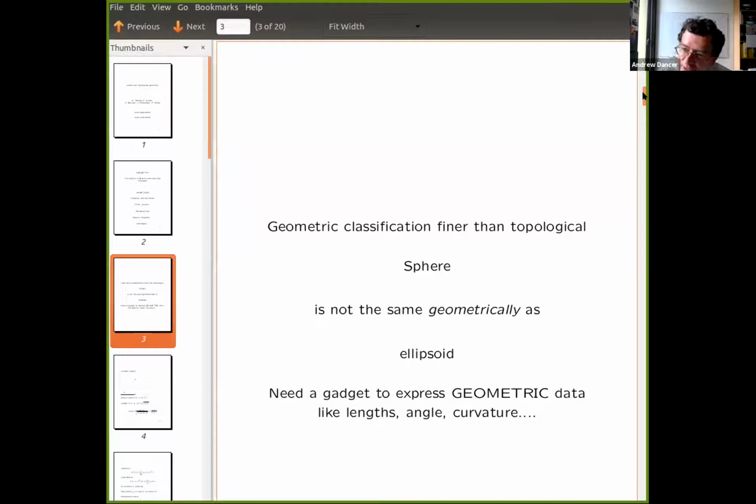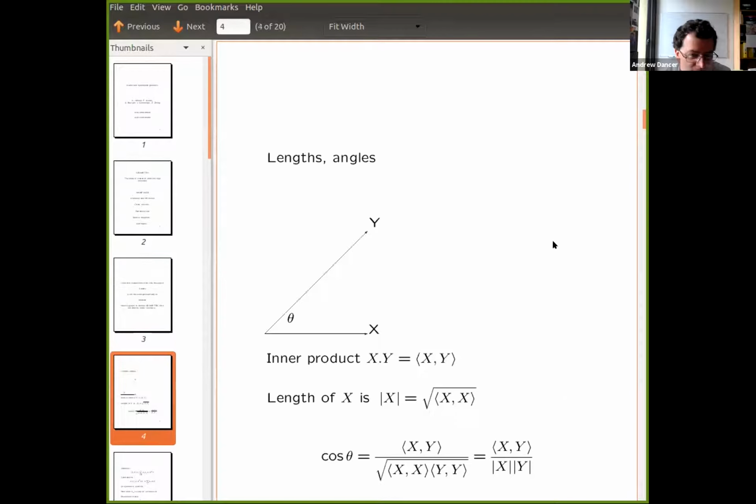We're looking at some extra data, more refined concepts that distinguish between shapes that may be topologically the same. So we need a gadget to express geometric data, things like lengths, angles, volumes, curvature, and so on. This is what differential geometry is really about.